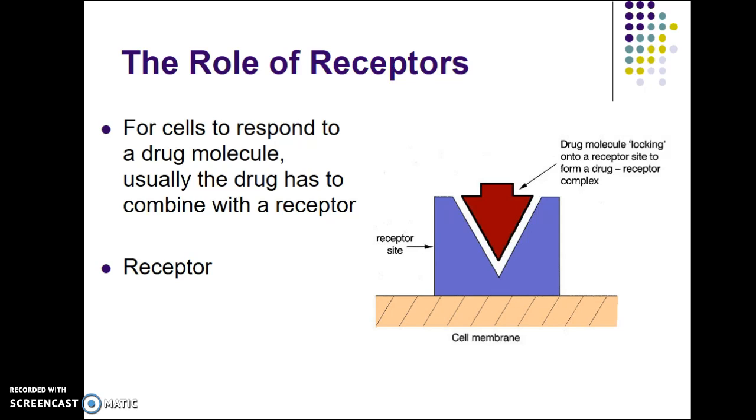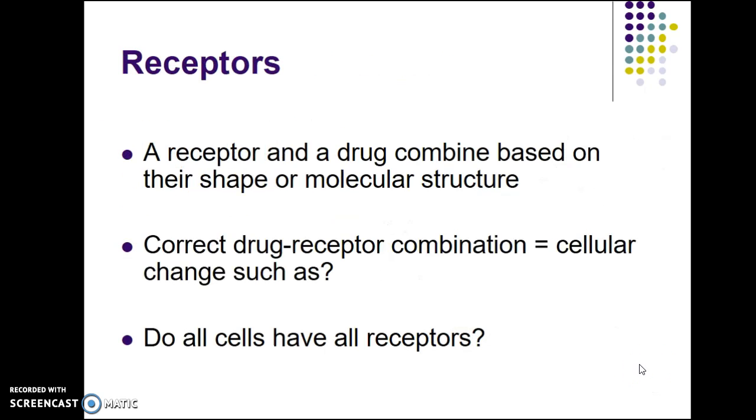Something may happen in the cell and then it may leave. Eventually, the drug molecule leaves the receptor, but whether it exerts an effect or not will indicate what kind of drug it is. So, the receptor and the drug have shapes that correspond with each other, and that allows it to bond with it.